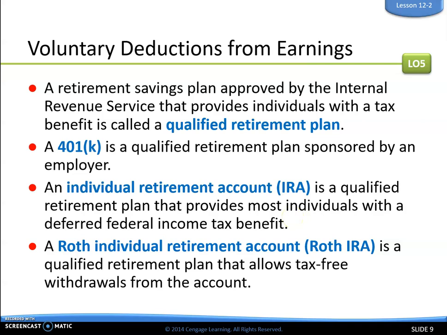And then we also have a Roth IRA. A Roth individual retirement account is a qualified retirement plan that allows tax-free withdrawals from the account. So these three things are qualified retirement plans, but each of them is a little bit different.